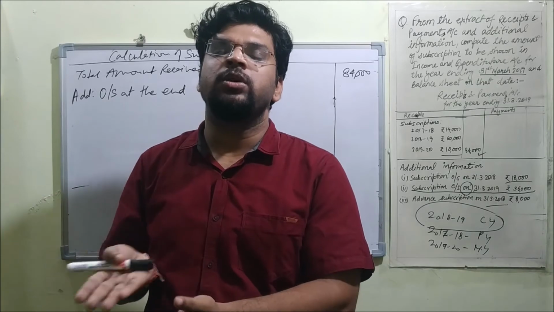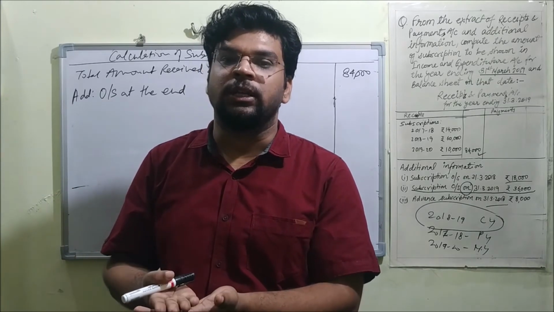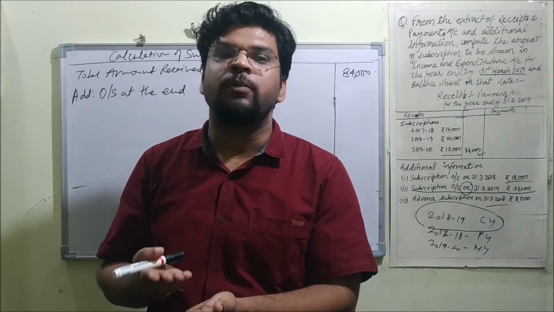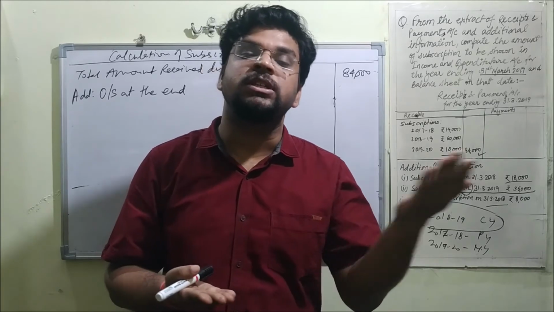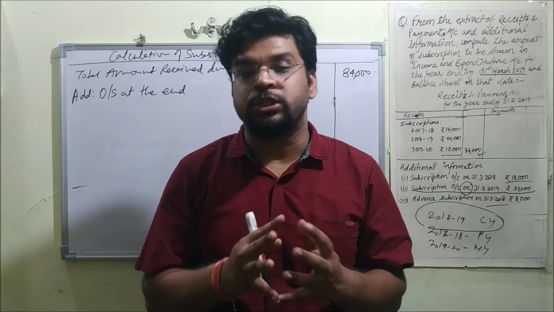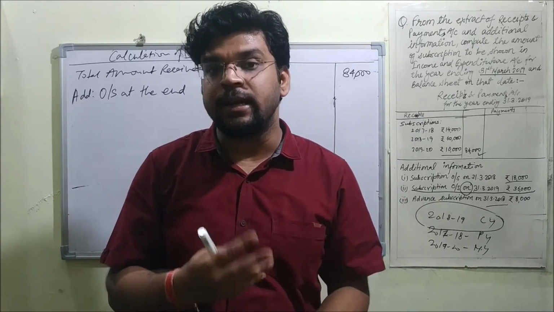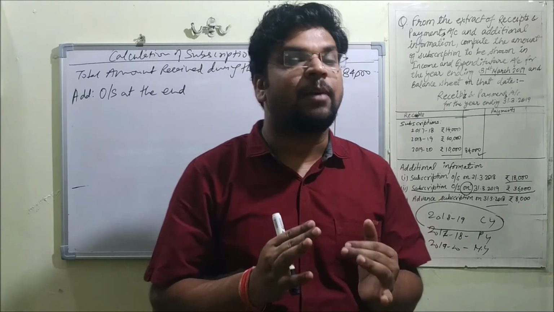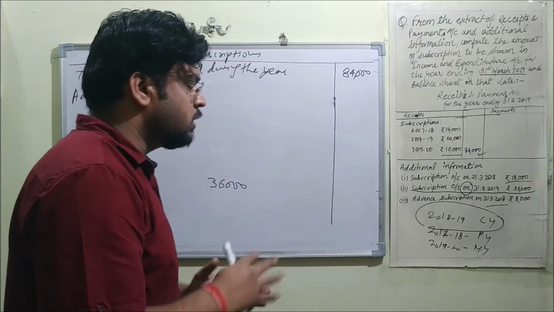Whatever the amount is in 2019, it may have some portion related to previous years which is still outstanding and has not been paid yet. The same case is applied in this question. This is written in the question.